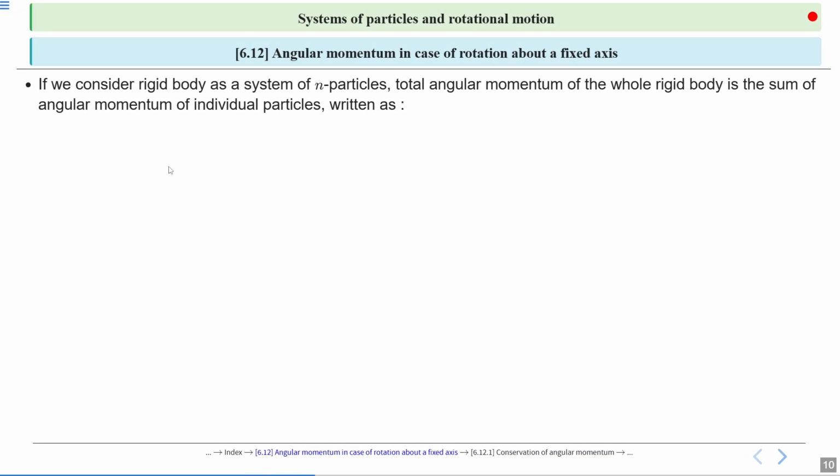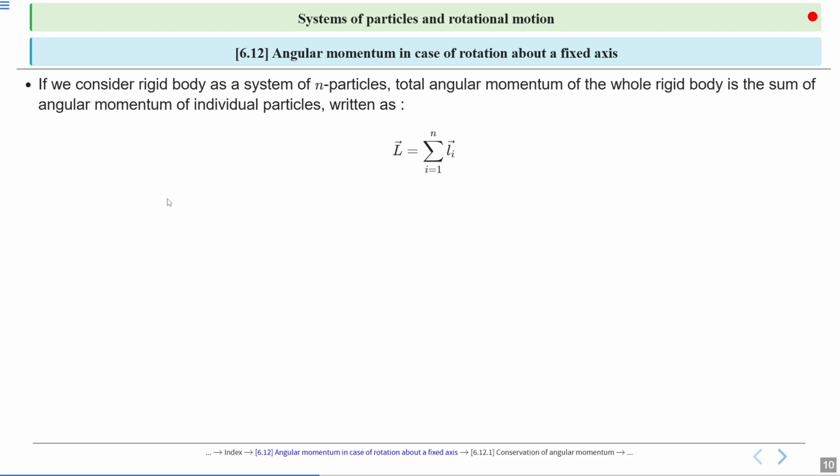Now, if we consider a rigid body as a system of n particles, the total angular momentum of the whole rigid body is the sum of the angular momentum of individual particles, and we can write L is equal to summation I equal to 1 to n of Li.